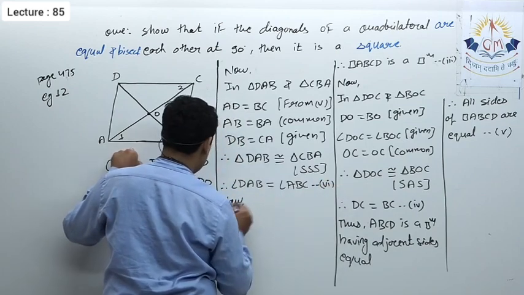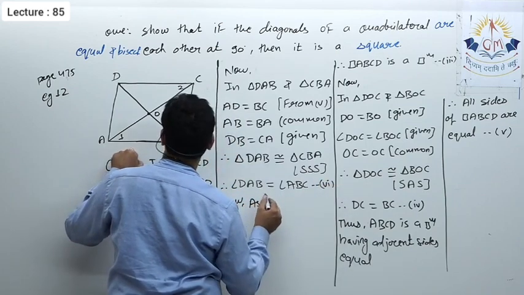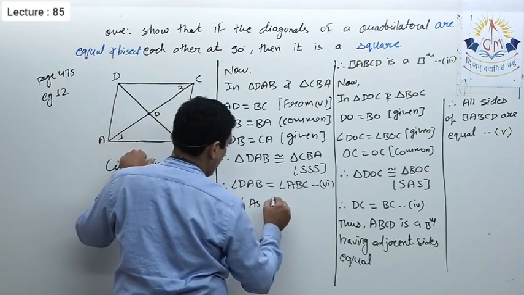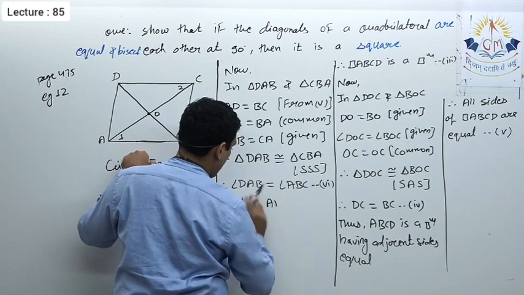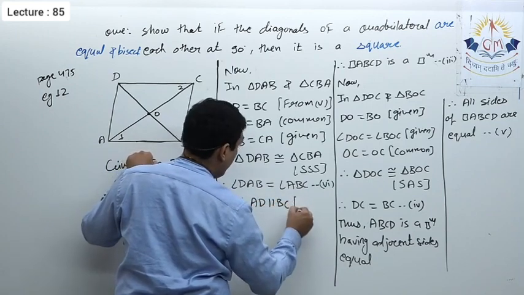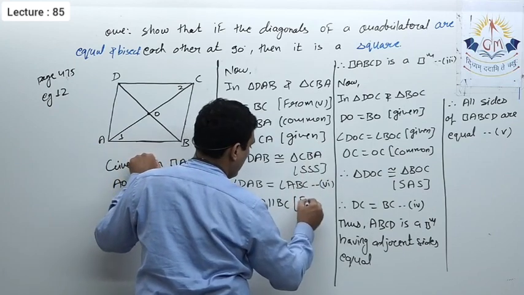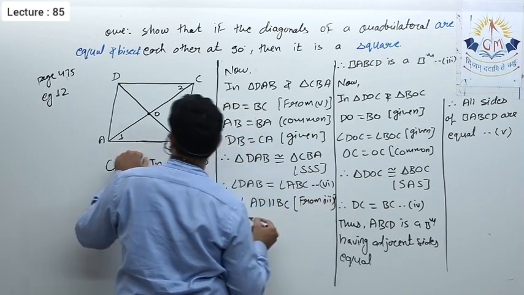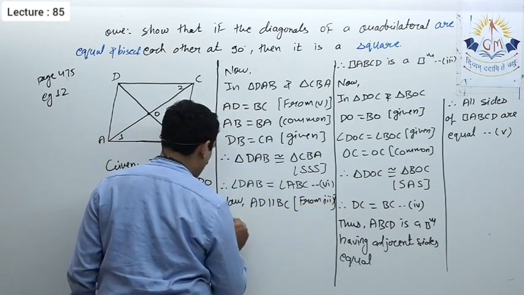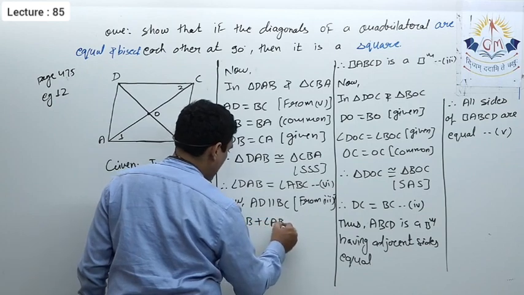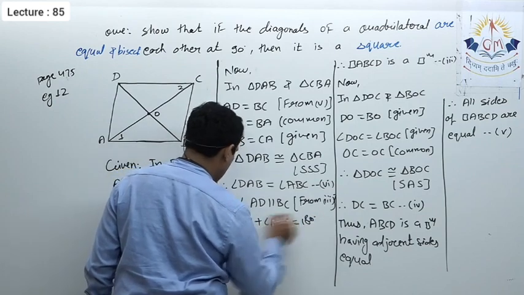Now as AD parallel BC from 3, because it's a parallelogram, I can say angle DAB plus angle ABC is equal to 180 degrees.